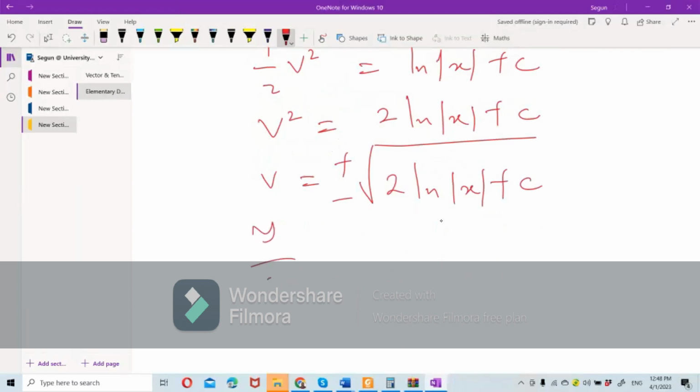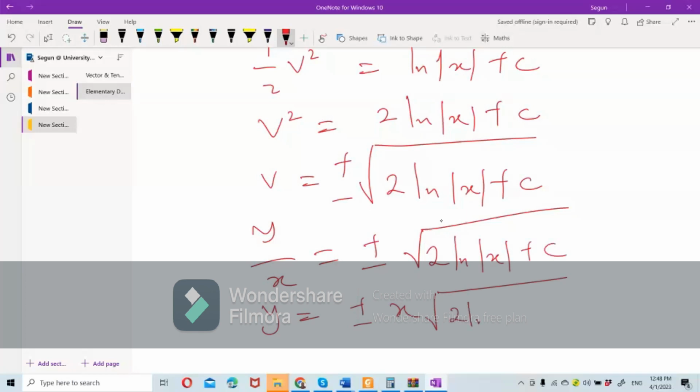So I have y over x equals plus or minus square root of 2 ln x plus c. Explicitly, you can cross multiply by saying y equals plus or minus x square root of 2 ln x plus c.